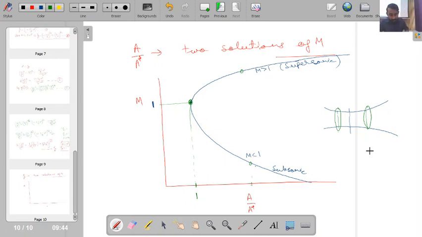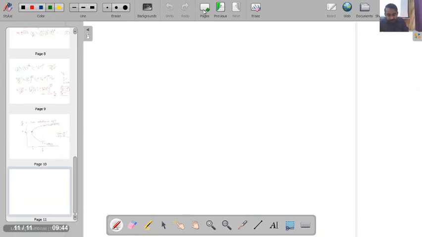So what if I try to plot this for a nozzle? Say this is my nozzle.